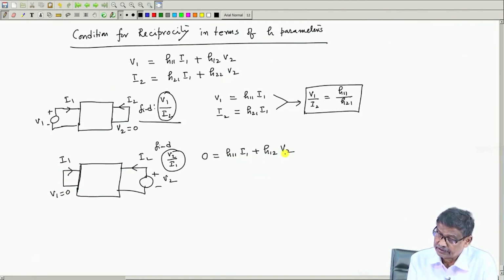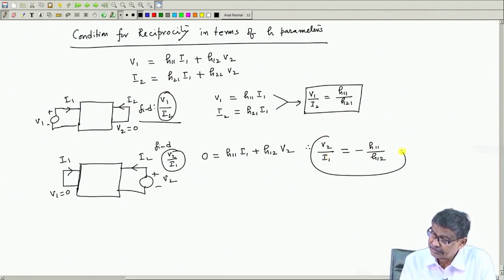I have got the result, because V 2 and I 1 this ratio I can find out. Therefore, V 2 by I 1 will be equal to minus H 1 1 by H 1 2. So, this is the other thing.